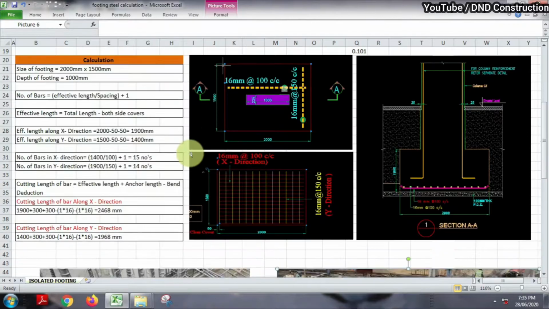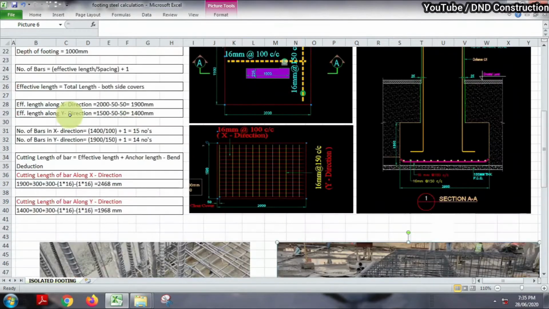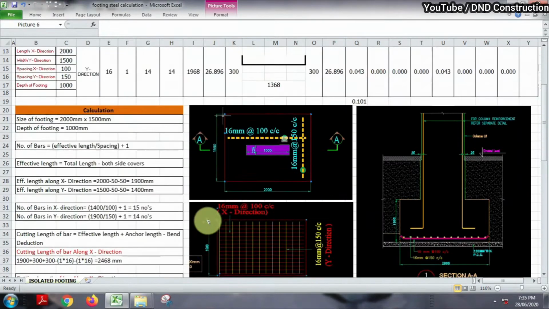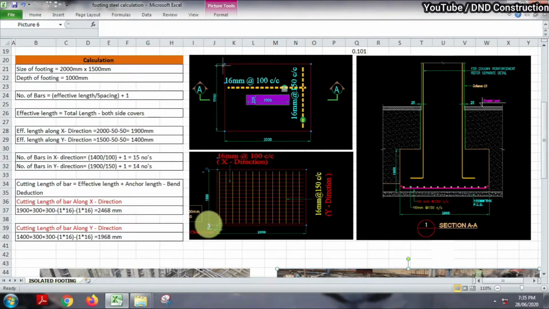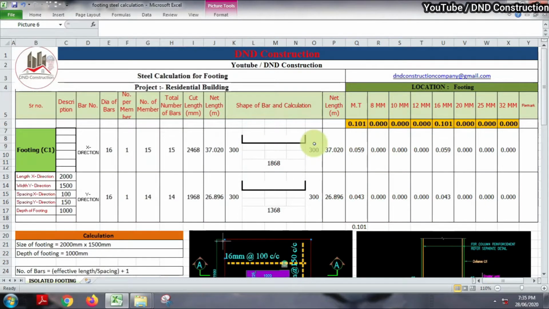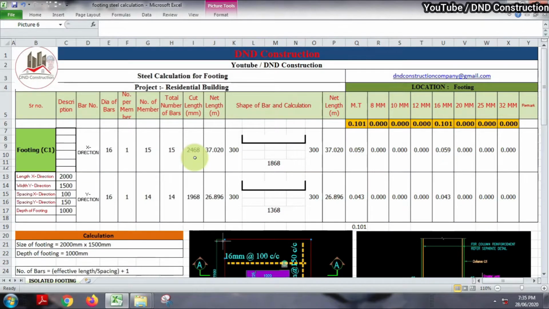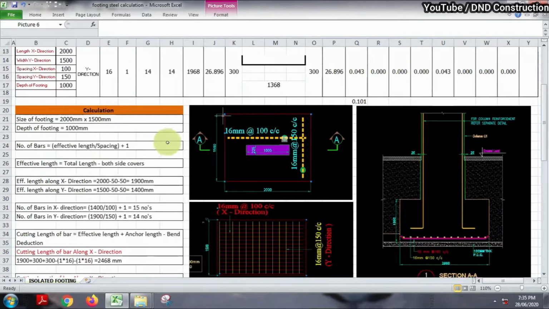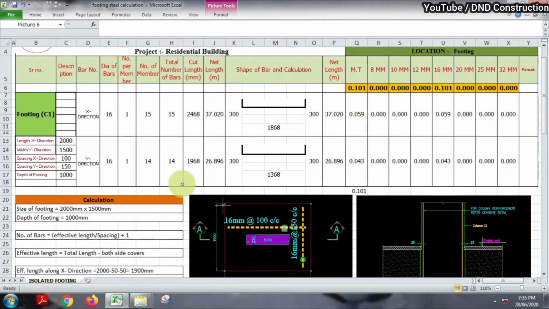So friends, in BBS, when we prepare this Excel sheet, there is no need to do these things manually. By using formulas, these calculations are done automatically in this Excel sheet. As you can see, this 2468 is directly the cutting length from this formula, and the Y direction 1968 is the cutting length here.